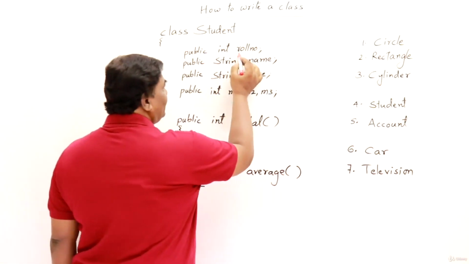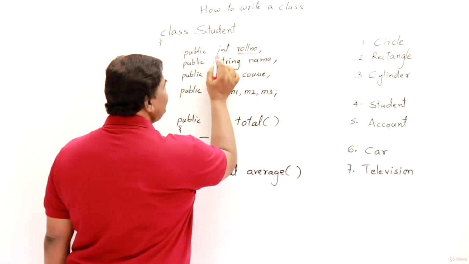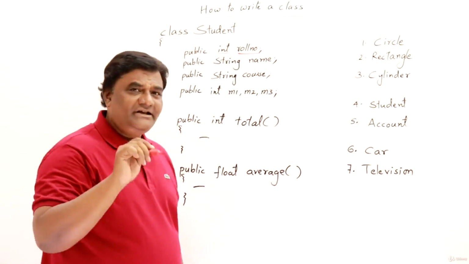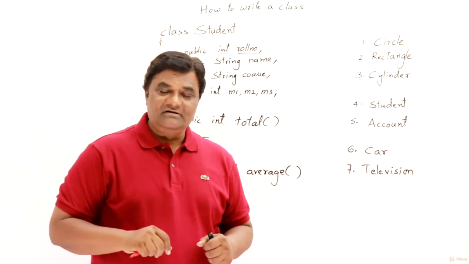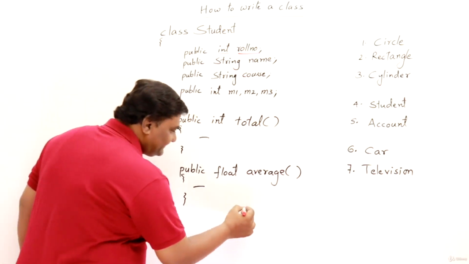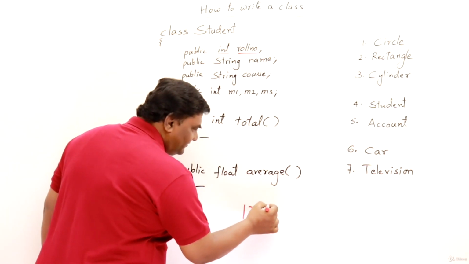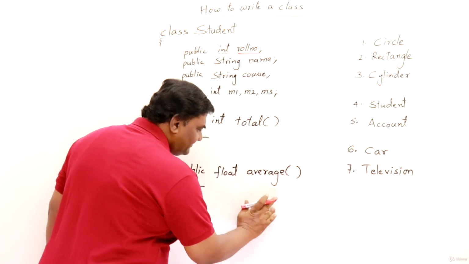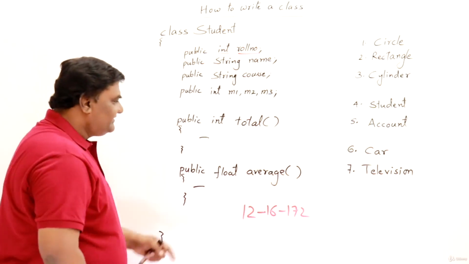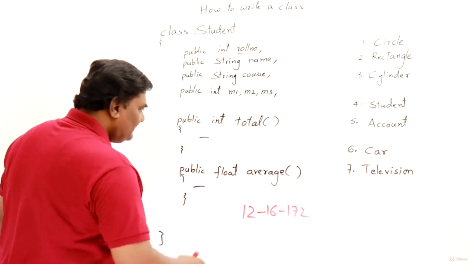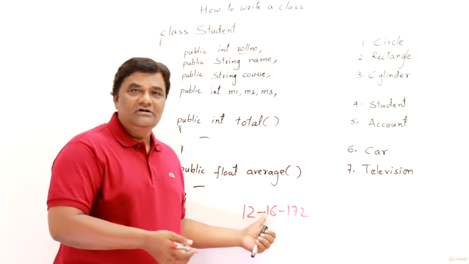One is roll number. Now, which data type should we use here? Integer? In some colleges, special characters are allowed in the roll number. A roll number may be given like 12 hyphen 16 hyphen 172, where 172 is the actual roll number and 16 is some code, a year code or college code.